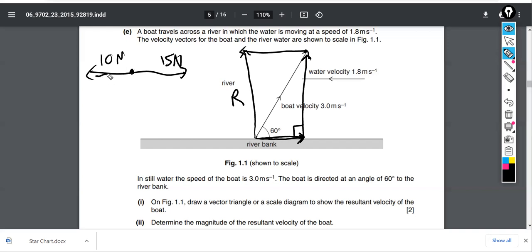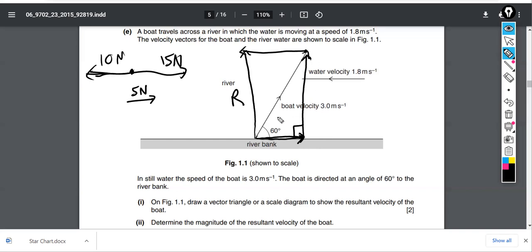Tug of war, 10 newtons of force this way, 15 newtons of force that way. What's the solution to that vector addition? 5 newtons right. The direction matters, right? So if they're in the same plane, the same axis, then it's easy. So if we know how much of this 3 meters per second is going this way, then we can just add it to the 1.8 meters per second that's going against it. And then all we have left is this vector here.